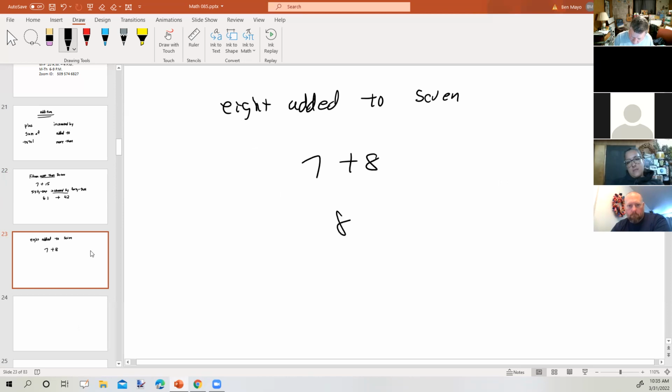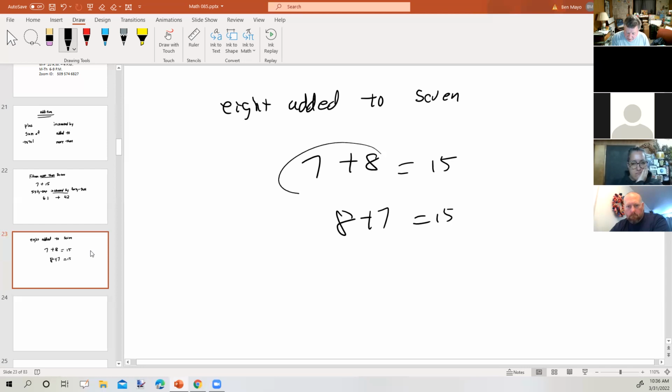Now, why don't I write 8 plus 7? And actually, we say that addition is commutative, which means that you can add two numbers in any order, commuting, driving back and forth. The commutative property of addition says that you could take 7 plus 8 or 8 plus 7 and get the same answer in both cases.